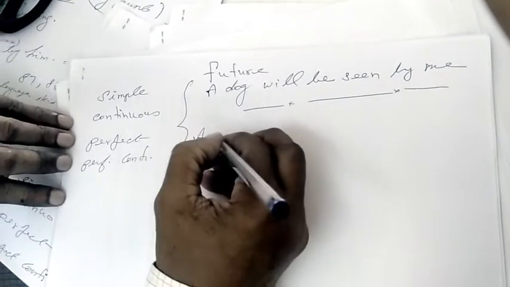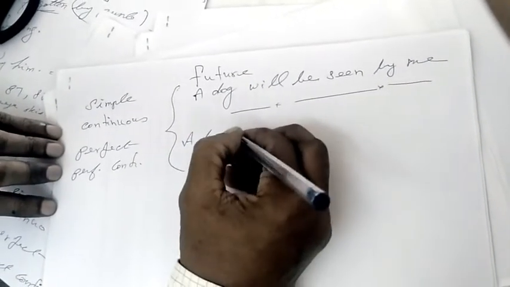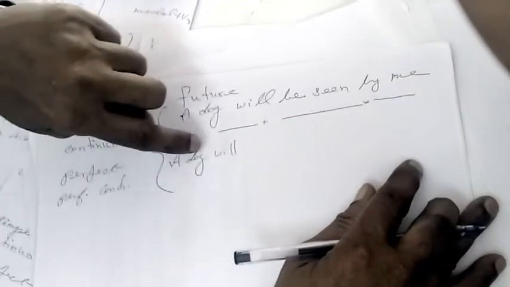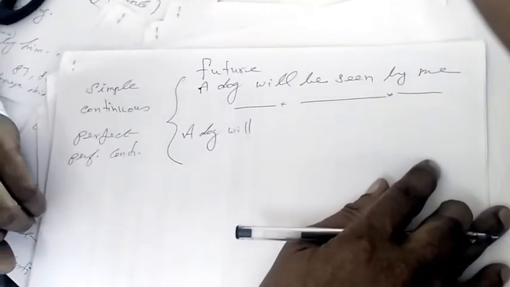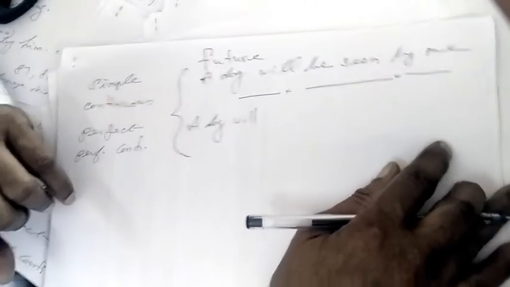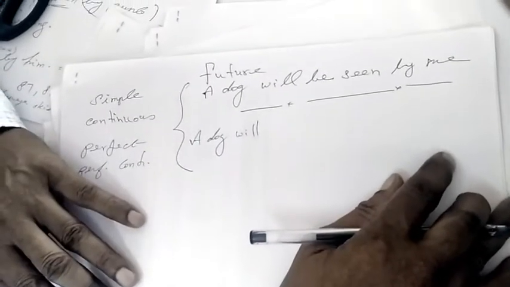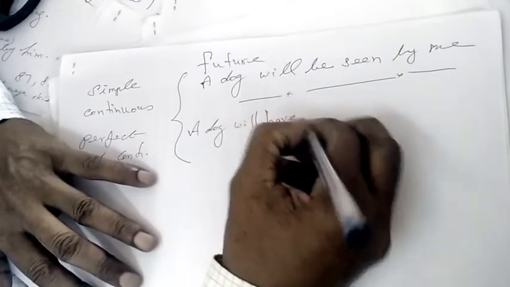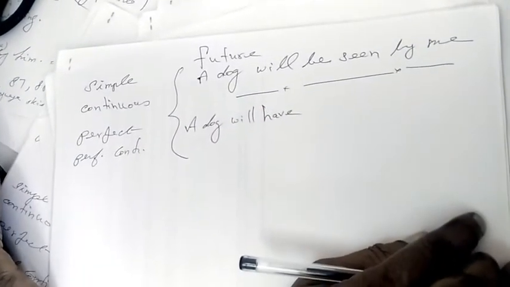We come to perfect. A dog will. Remember, even though it is third person singular, here there is a will. Will is a modal. A modal is followed by the first form of the verb, and the have group's first form is have itself. So you can't change.